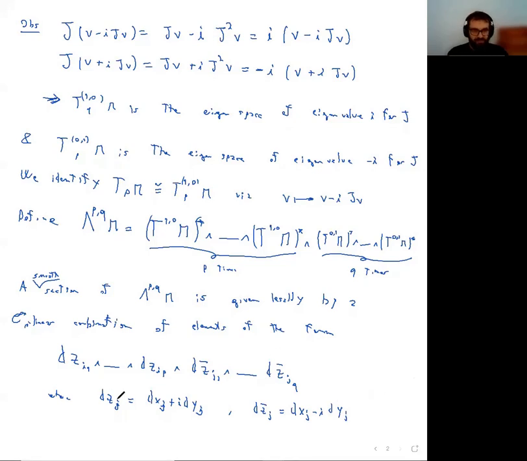So you should think of this dz as the image of dx under this map, basically. Because dx here, if you multiply it by i, is sent to dy, I think. And so when you apply this map, you get dx minus i dy. So maybe it's this one.